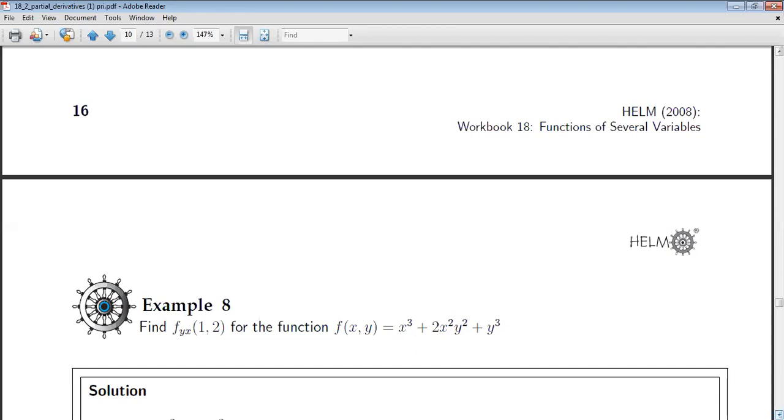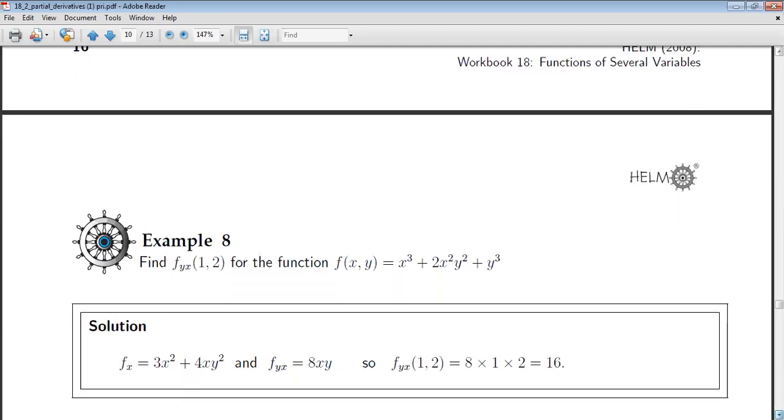So 4x square y plus 3y square is the value of del f del y. So what is del square f del x del y? Del x of that is 8xy. At the point 1 and 2, it is 8 into 1 into 2. The answer is 16. Excellent.